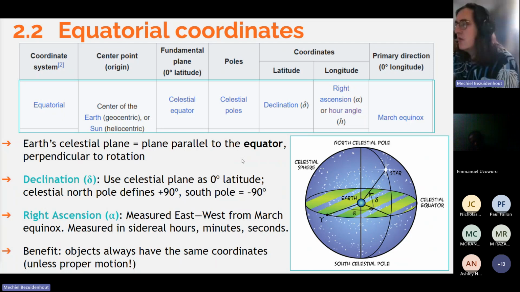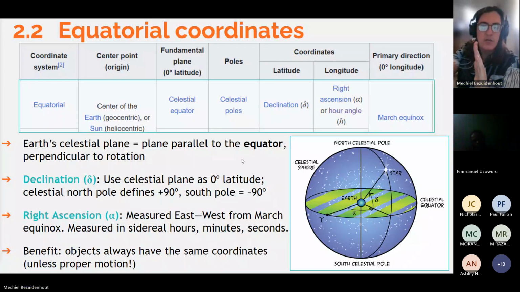And then the longitude we measure with respect to the March equinox. So as I explained, the equinox is the point in the rotation of the Earth around the Sun where the plane of the rotation is exactly parallel to the plane of the rotation around the Sun.